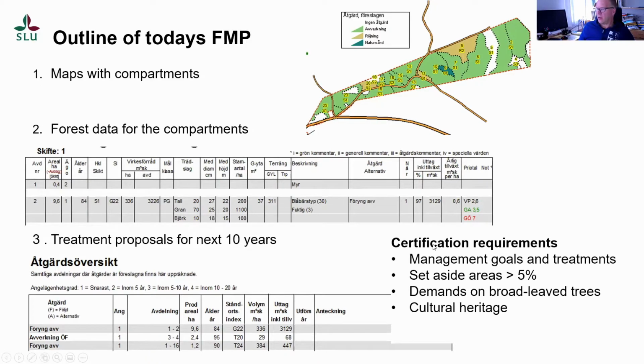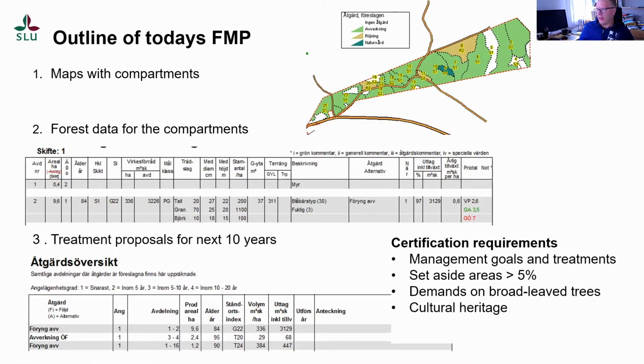And more or less all the forest management plans fulfill the requirements for FSC or PEFC certification. And then you need the management goals and also classification, which areas should be set aside. It's at least 5% of the area that should be set aside.